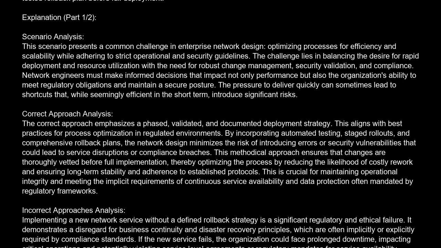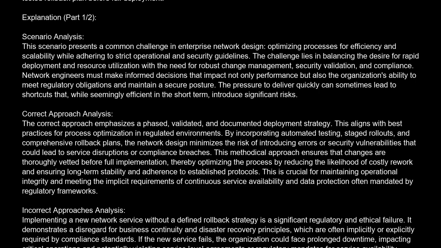This aligns with best practices for process optimization in regulated environments. By incorporating automated testing, staged rollouts, and comprehensive rollback plans, the network design minimizes the risk of introducing errors or security vulnerabilities that could lead to service disruptions or compliance breaches.